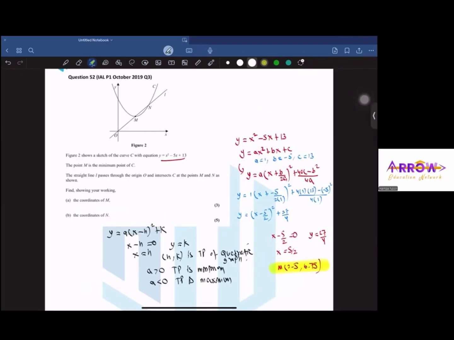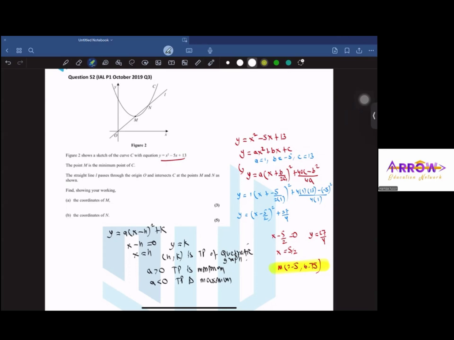The alternative way is to differentiate the equation of the curve, get the dy over dx function and equate it with 0 in order to find the stationary point of the quadratic curve. You can do it in that way as well.